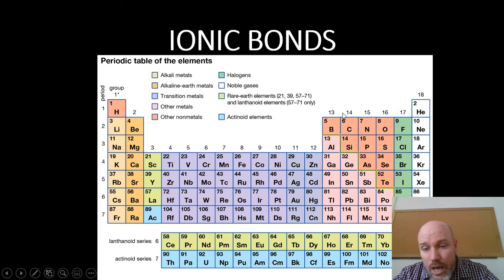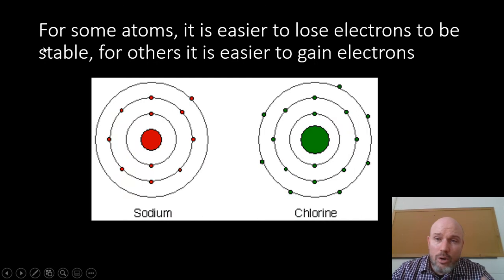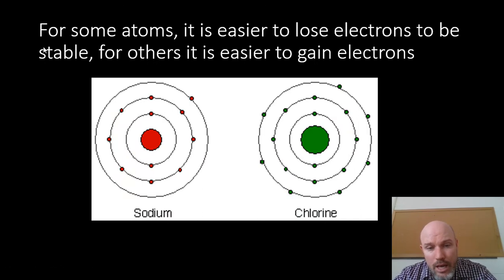Now for the nonmetals over here, with carbon, nitrogen, oxygen, all of those, most of those have 4 or more valence electrons. So that's really important in order to understand ionic bonds.